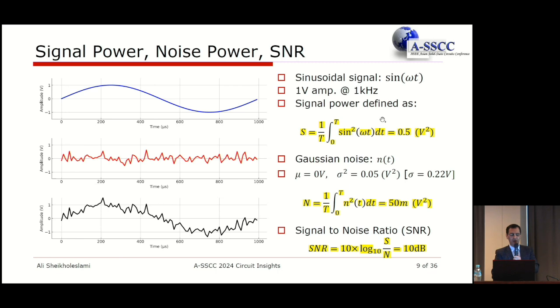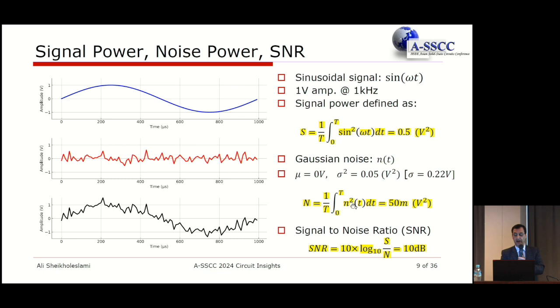Now, I want to look at the noise alone, and just to exaggerate this a little bit so you can see the concept, I've decided to use a noise with a sigma squared of 0.05. So while the signal had a power of 0.5 volts squared, I'm using 10% of that. So noise now has 10% of the power, and it's defined the same way.